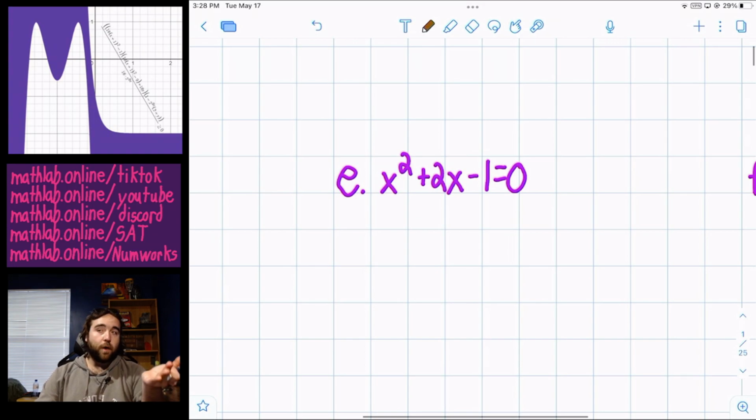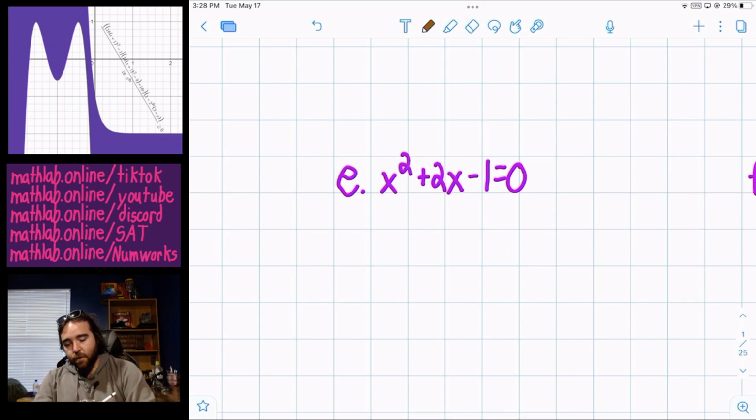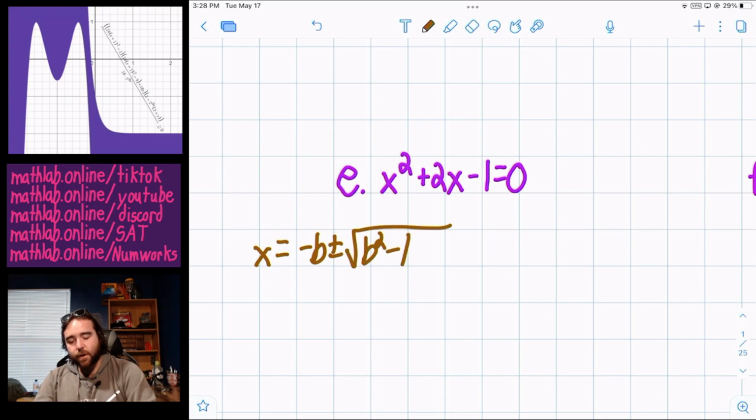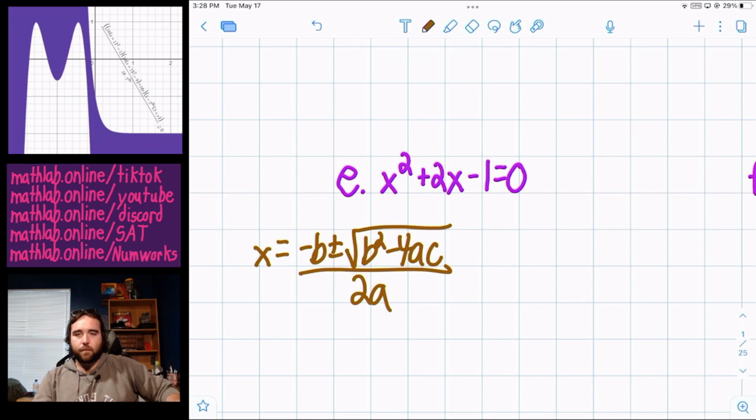So here, we want to factor if we can, but we cannot. So we go, what do? We go quadratic formula. x equals -b plus or minus the square root of b squared minus 4ac all over 2a. So we remember this is our a, this is our b, and this is our c.